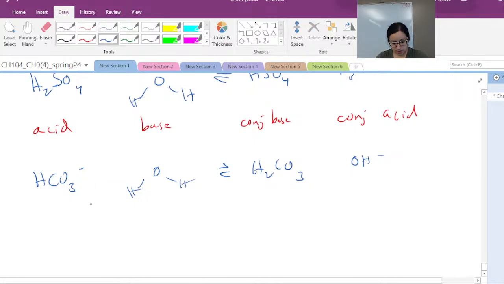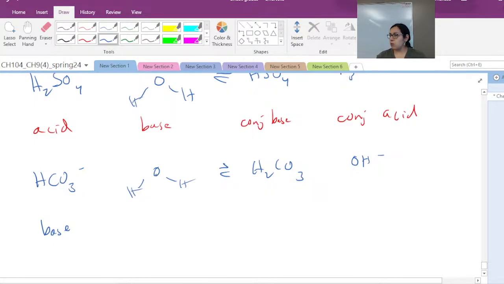Acid, base. So our base, excellent, and you're just comparing what happens to it. So it picks up a proton, so it's our proton acceptor, so that has to be a base.